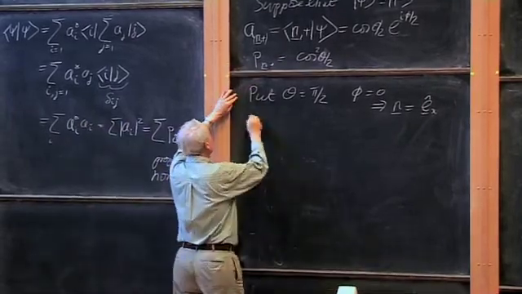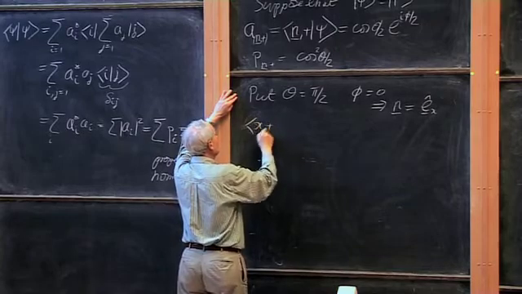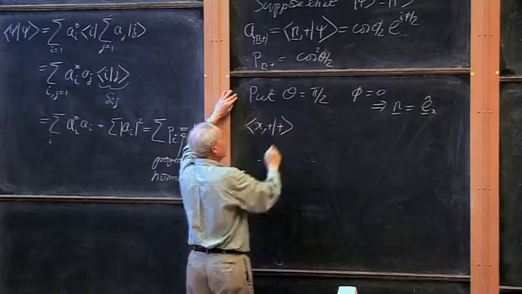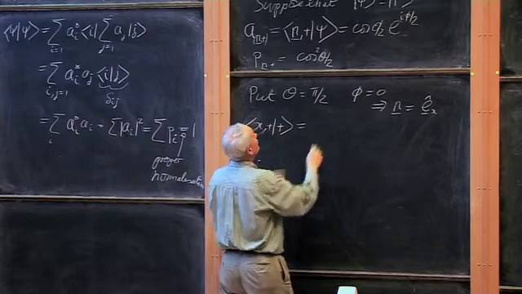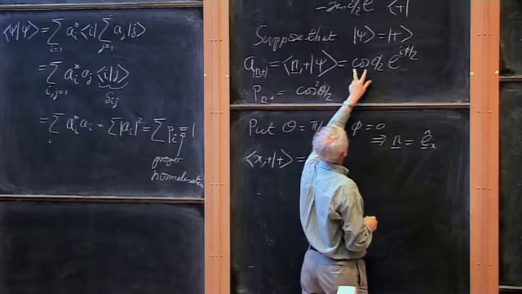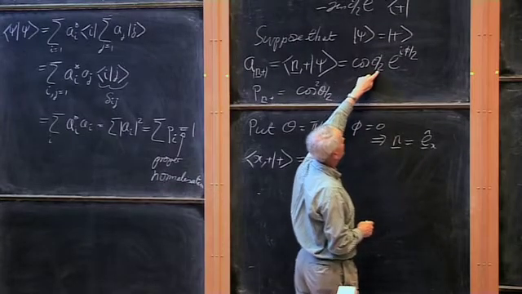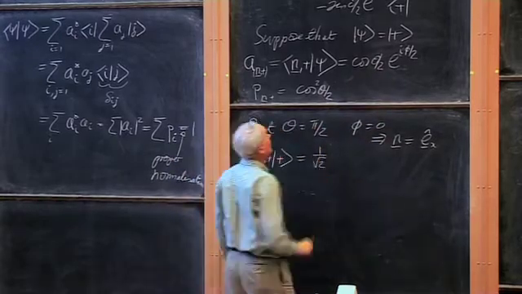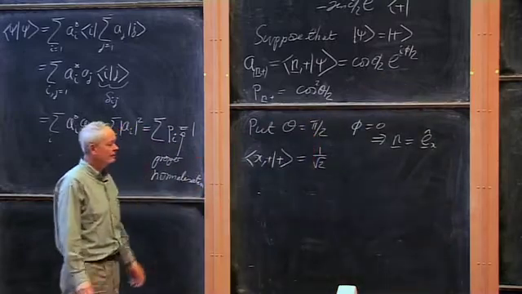That gives me that the amplitude for being plus on x, given that I'm plus on z, is, that's not the probability, the amplitude, cos of pi upon 2 upon 2. So cos pi upon 4, which is 1 over root 2. And I have an e to the i nothing, so that's just that, right?